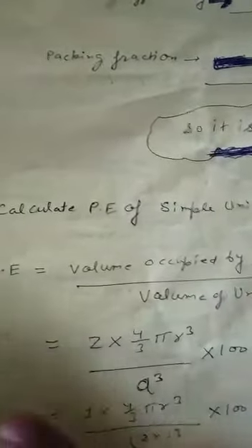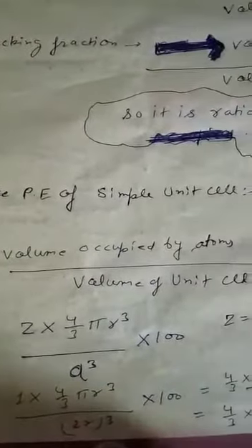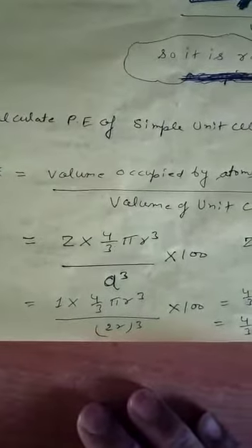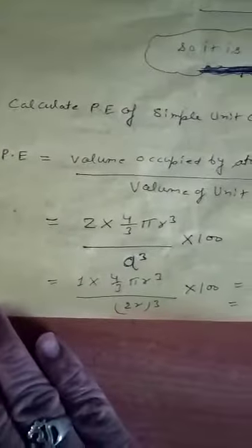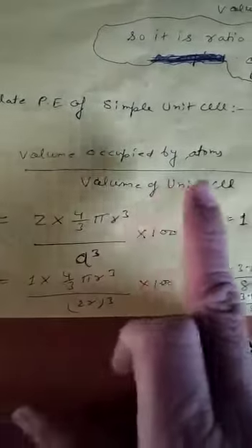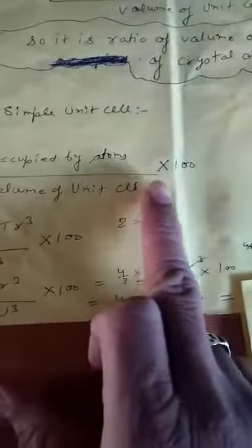Now the first case we have is the simple cubic unit cell. So we will calculate the packing efficiency for the simple unit cell. The formula is the same: volume occupied by atoms, divided by volume of unit cell, into 100.